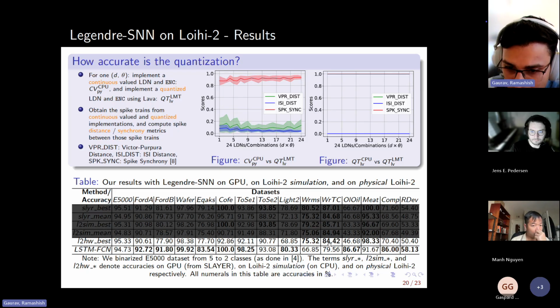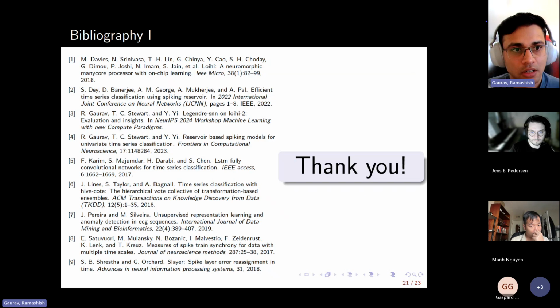And in fact, by quite a large margin on these data sets. In a few cases, we are quite close to the LSTM FCN's accuracy, for example in Wafer and in Ford A. So that concludes my talk.